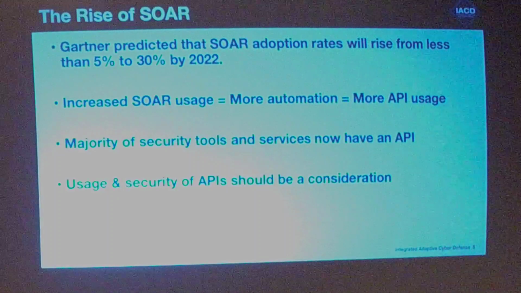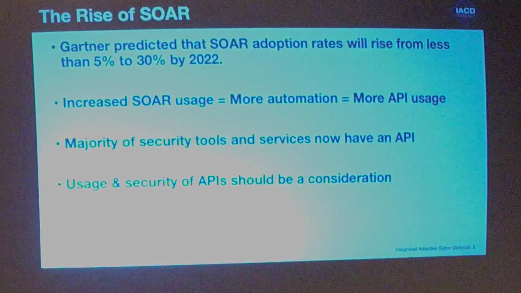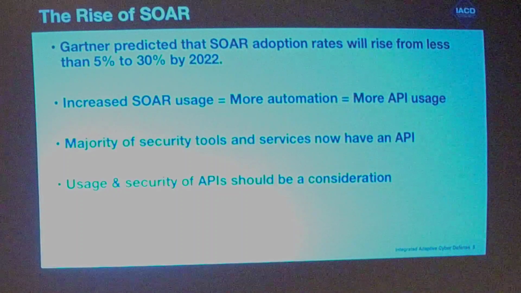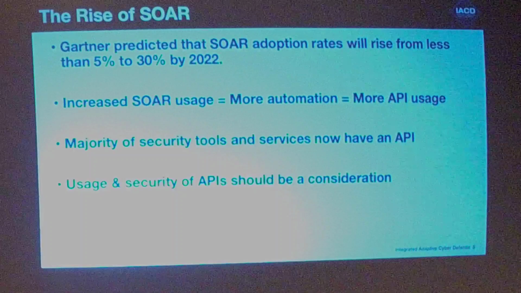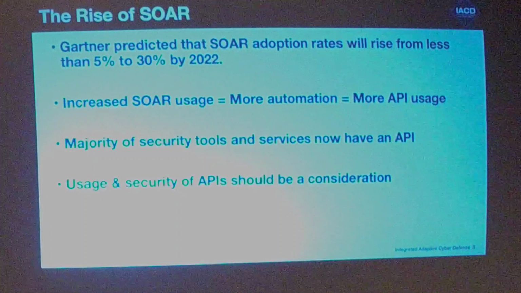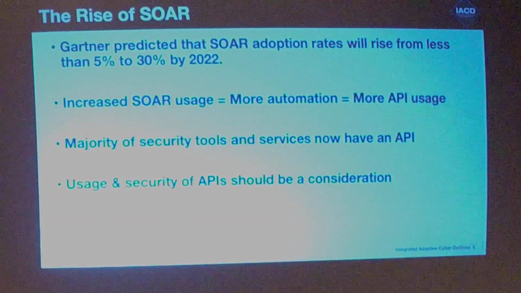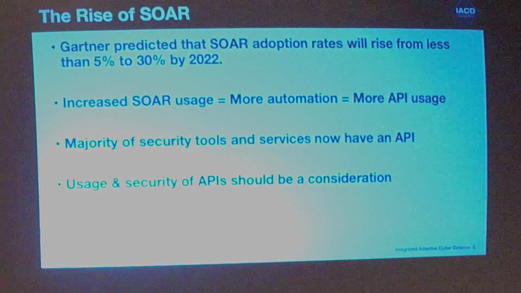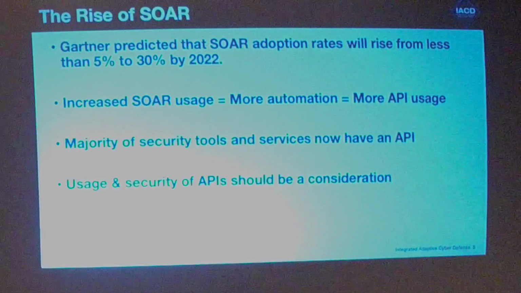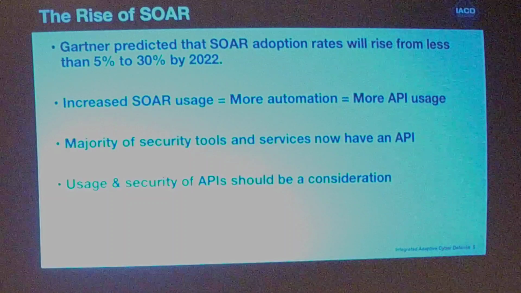As more people use these SOAR platforms, there needs to be more automation, and so those APIs are more in use. Most security tools now have these APIs, so they're easier to integrate into your own network. But not all APIs are made equally, so the usage and the security of their usage should be a consideration.